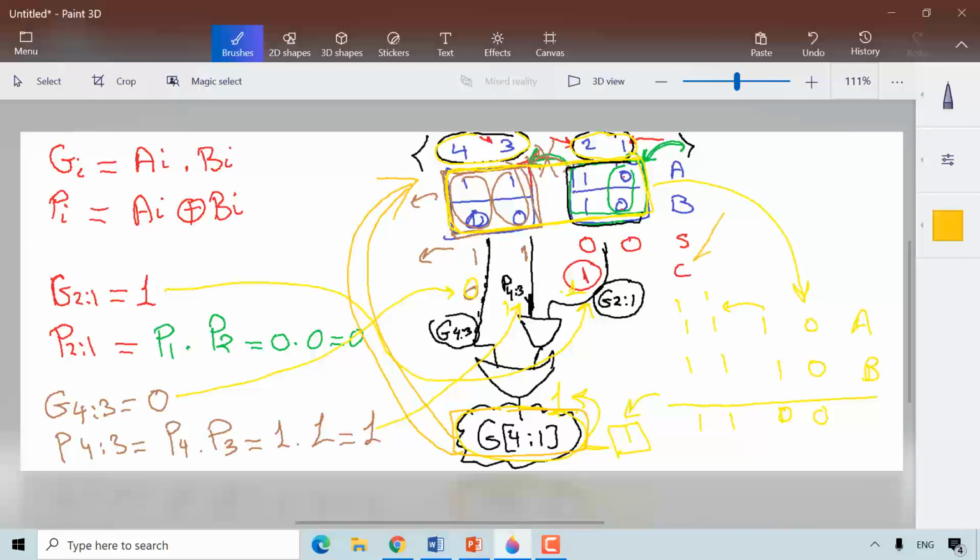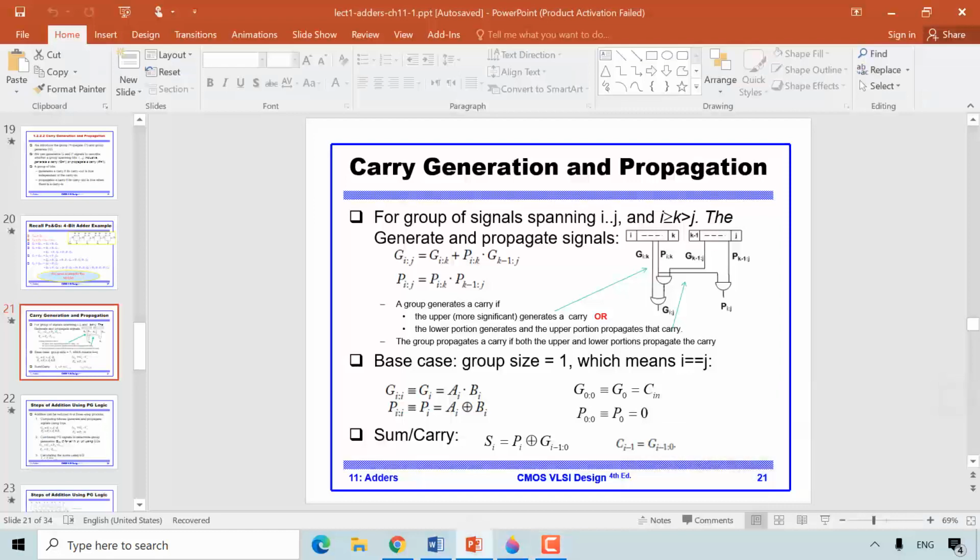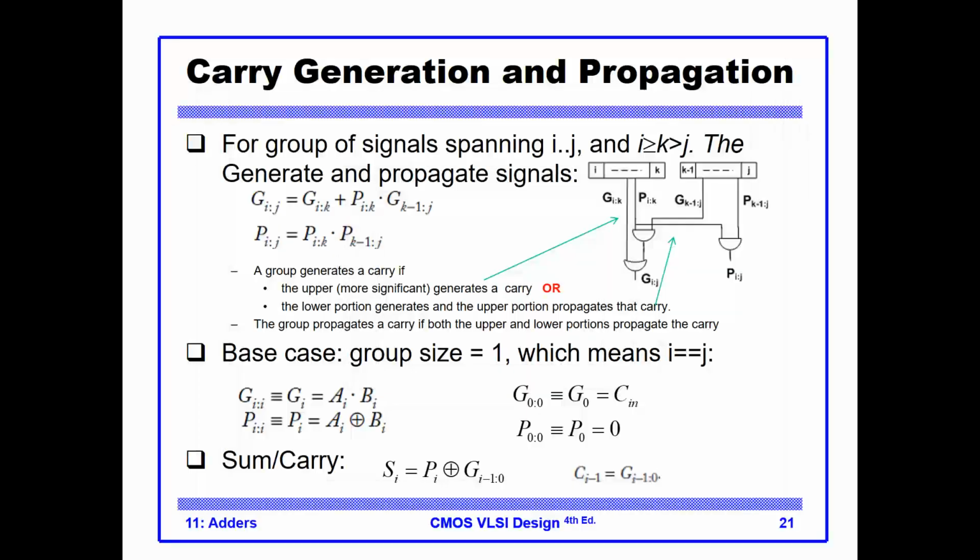Okay, so let's go back now to our slides. What we are saying here in the slides, as we have seen in the example, is that I now have a smaller range of bits from I all the way to J. I'm splitting it from I to K and K minus 1 to J. In the previous example, there were bits 1, 2, 3, and 4.